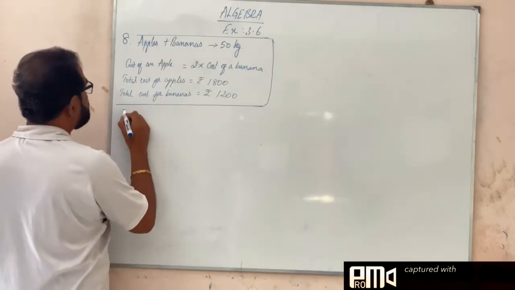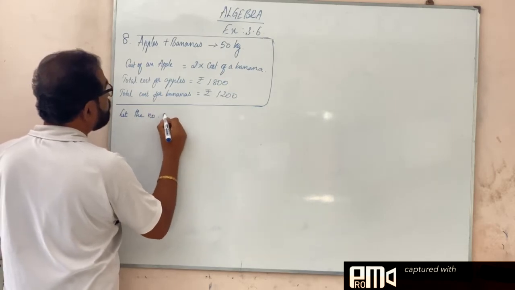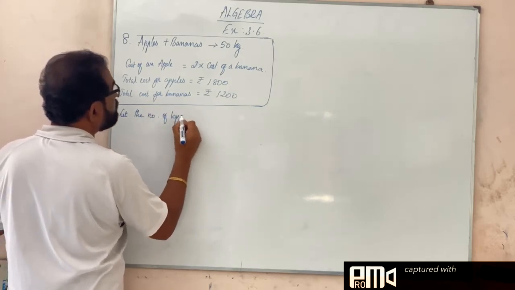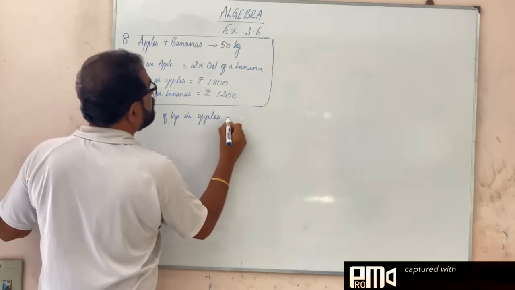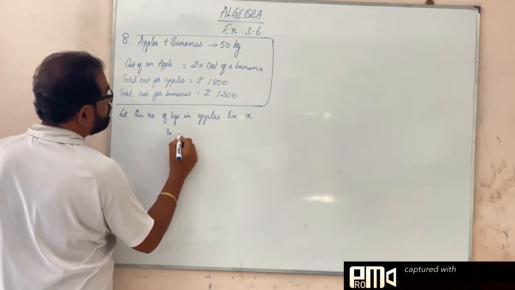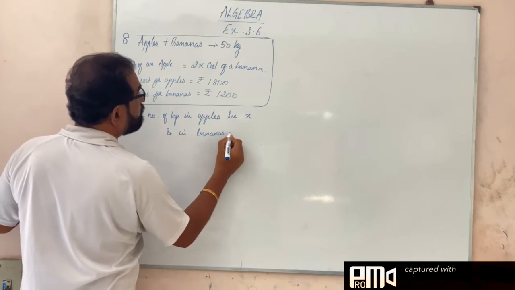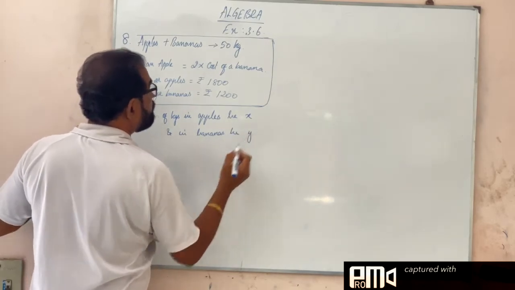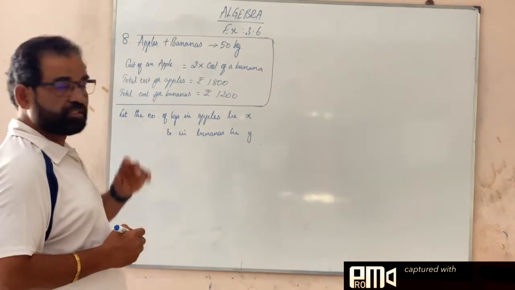So I take it like this. Let the number of kgs in apples be x and in bananas be y. That means x kgs of apples and y kgs of bananas they bought.